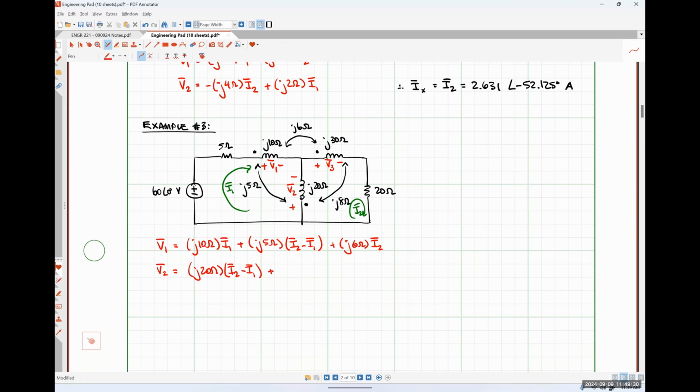All right. So now let's figure out the mutual term for the coupling between the J10 and the J20 coil. So what's that going to look like? J10 ohms or J5 ohms times I1. Positive J5 ohms times I1. I agree.